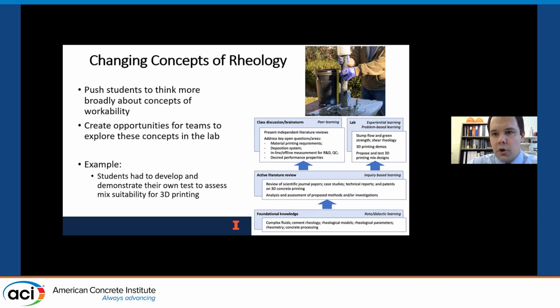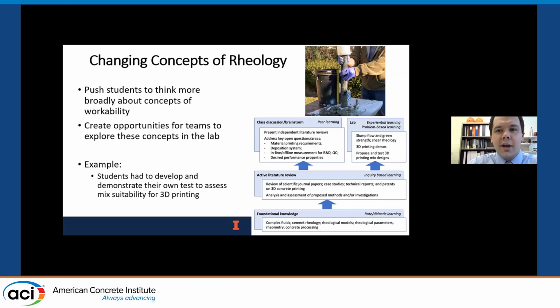This year with COVID, I found myself in a similar situation. So I came up with a project to try to engage all of my remote students, where I said, okay, go into your home and find whatever junk you can and make a concrete test to test the rheology for a concrete printer.